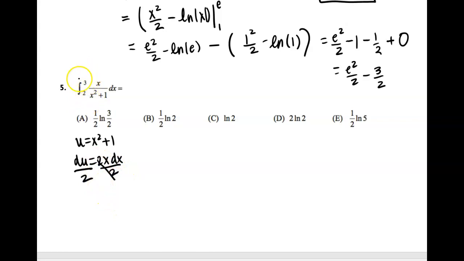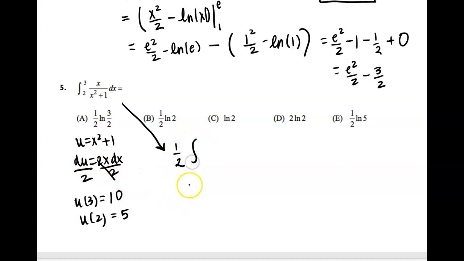And then also, since this is a definite integral, I'm going to go ahead and change my bounds. U of 3 is 3 squared plus 1. That would be 10. U of 2 is 2 squared plus 1. That would be 5. And so then what this integral will become, I have my 1/2 out in front from my du balancing. I have the integral from 5 to 10 because I changed my bounds.